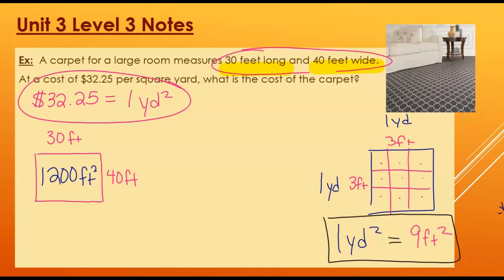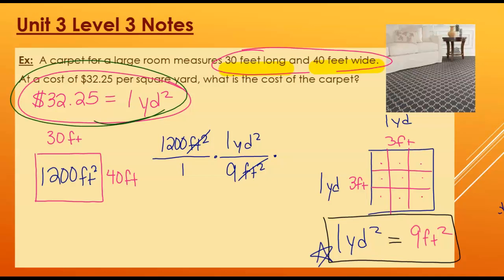Now I can say that I have 1,200 square feet, and I can change that into square yards using this conversion factor. 9 square feet is 1 square yard. So now my answer is going to be in square yards. And lastly, I can put my money factor in here, where I know that 1 square yard, those will cancel, is equal to $32.25.